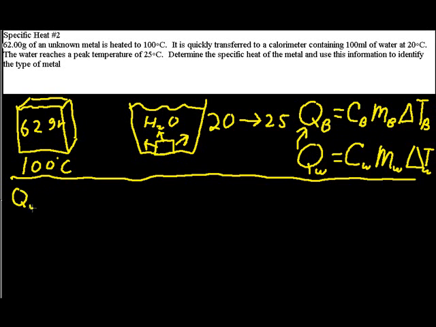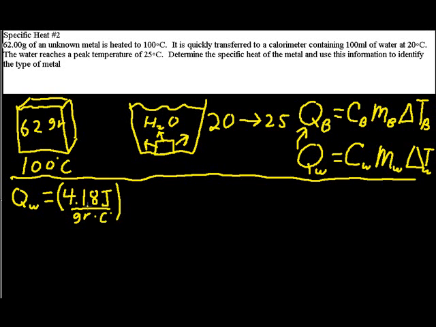The amount of heat that moved into the water is going to equal the specific heat value of the water. Now I'm going to use the calculation in joules. So I'm going to write down the specific heat of water as 4.18 joules per gram degree Celsius. Those are the units.